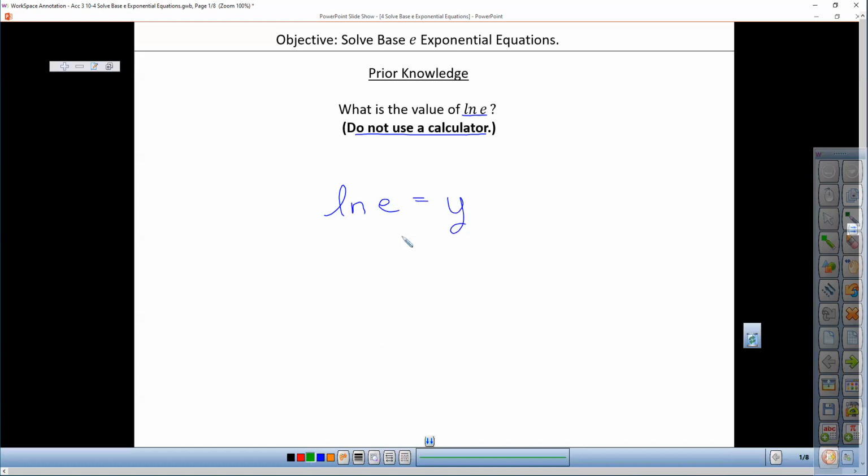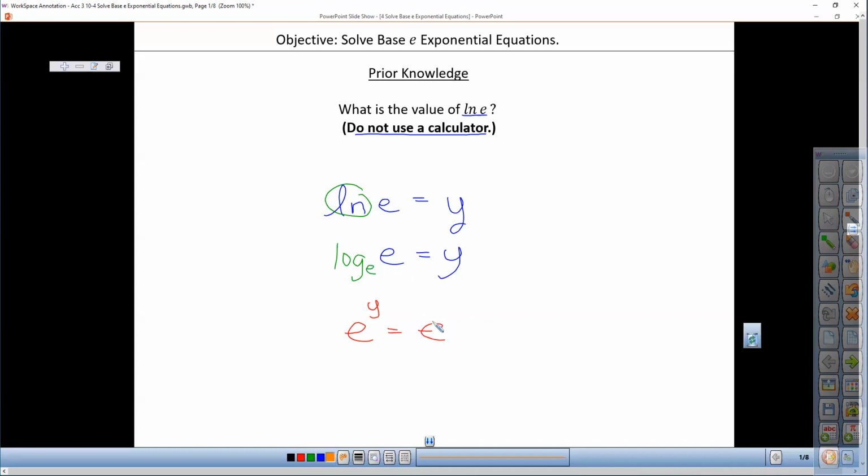And then any logarithmic form we can change into its exponential form. Now here we do have to recognize that ln, of course, means log base e. So what we have here is log base e of e equals y. That would make the exponential form e to the power of y equals the argument of e.